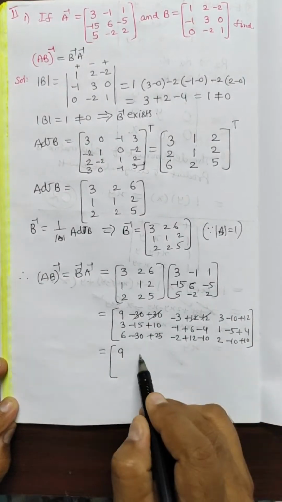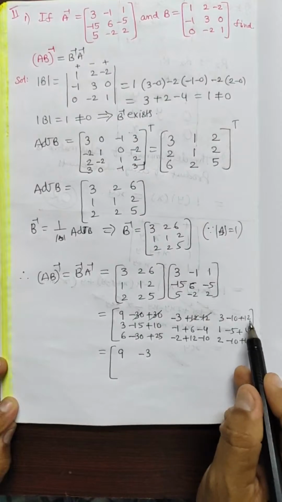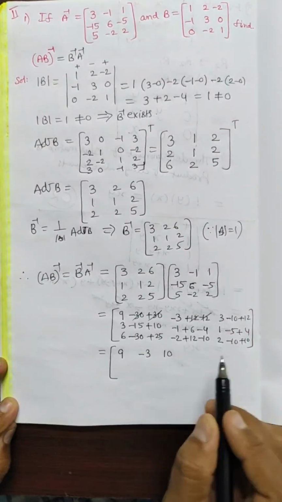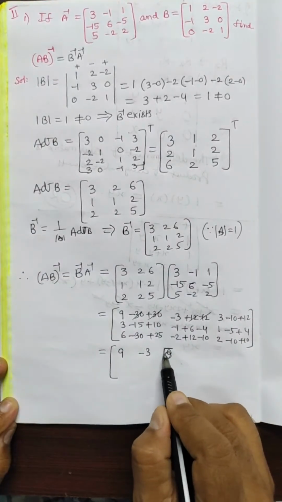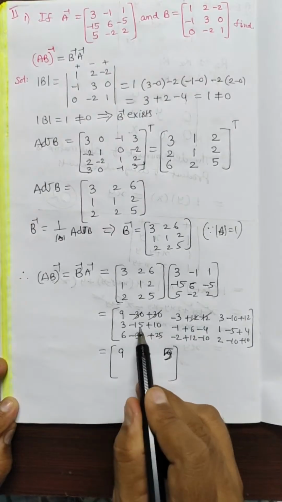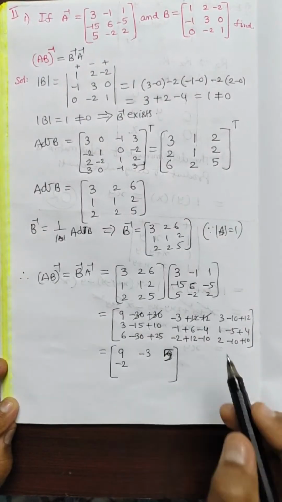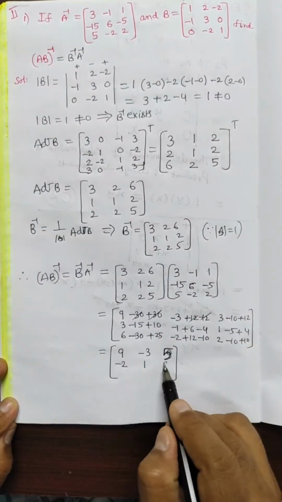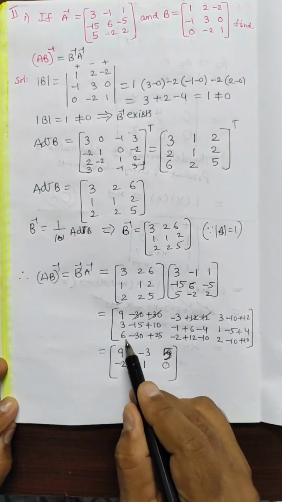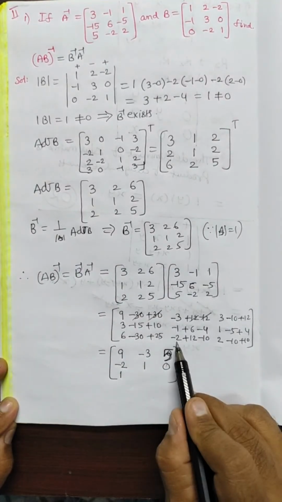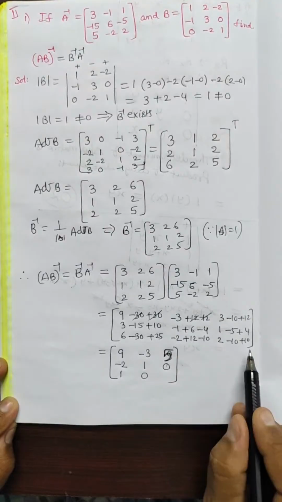So 9 minus 3. 12 plus 3, 15 minus 10, which is 5. Next 10 plus 3, 13, 13 minus 15, minus 2. 6 minus 5, 1. 5 minus 5, 0. 25 plus 6, 31 minus 30, 1. 12 minus 2, 10, 10 minus 10, 0.